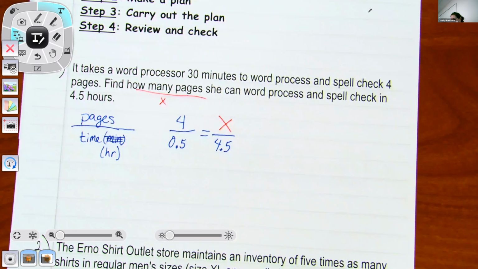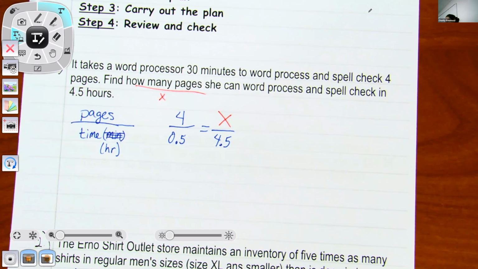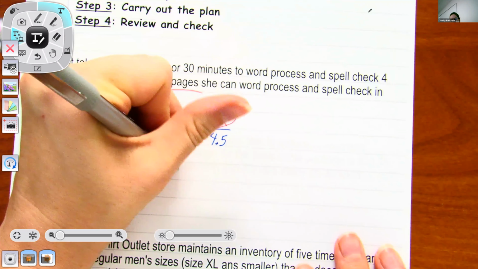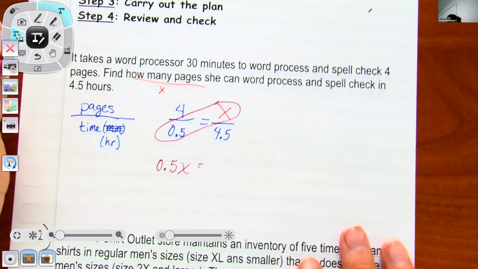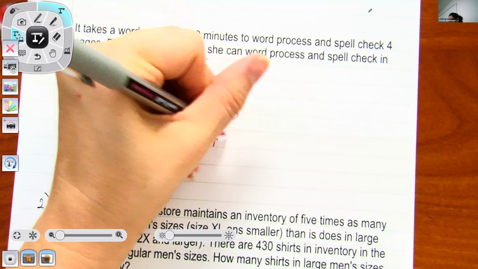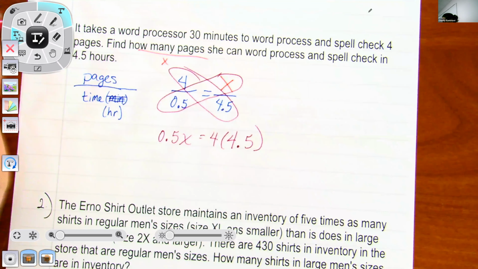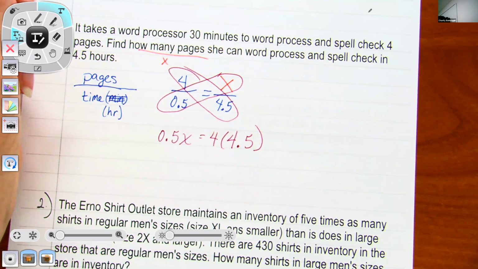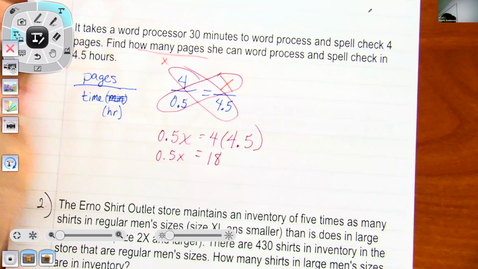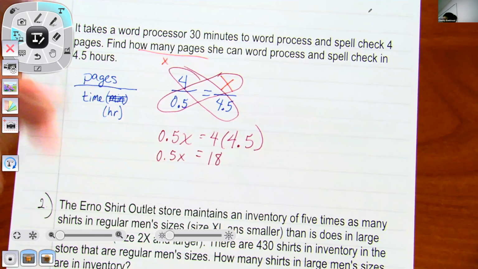So to solve that, we're going to cross multiply. So that would be 0.5x equals 4 times 4.5. All right, so 4 times 4.5 is 18. 0.5x is equal to 18, and then we just need to divide both sides by 0.5.